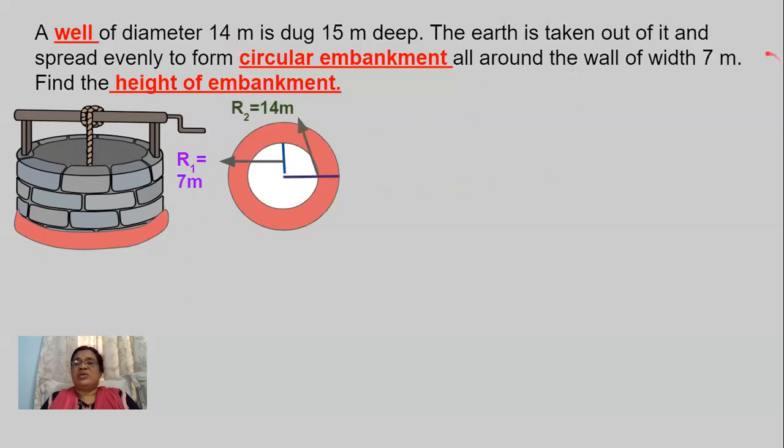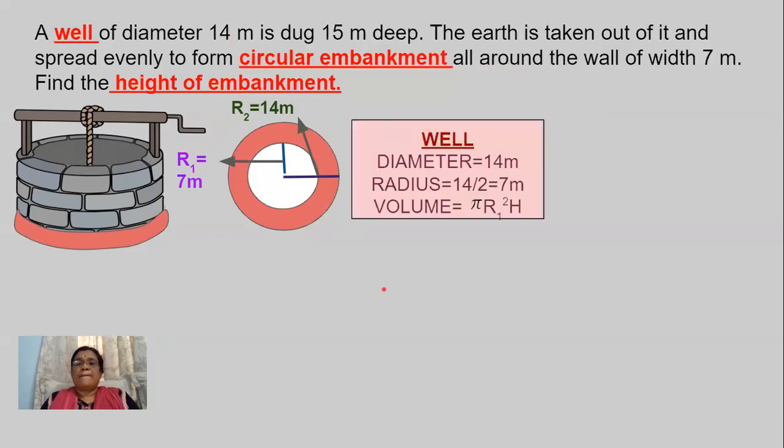The mud width is given. How much is it? 7 meters. So when you add, the radius is 7 and the width is 7, so the outer radius will be 14 meters. The outer radius will be R2. The inner radius will be R1.